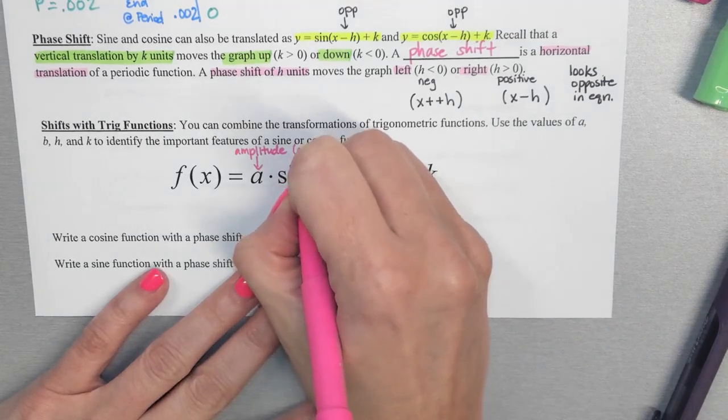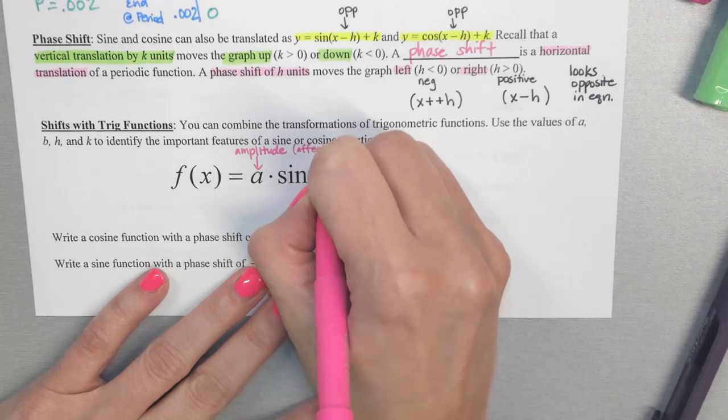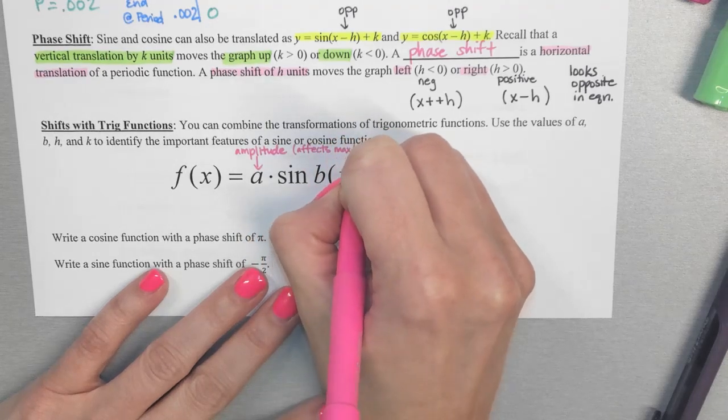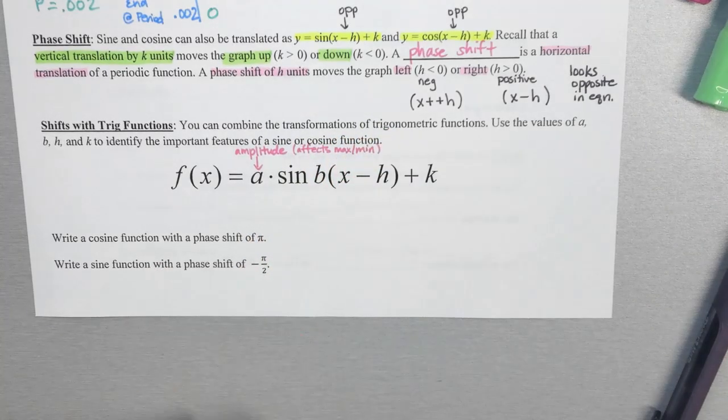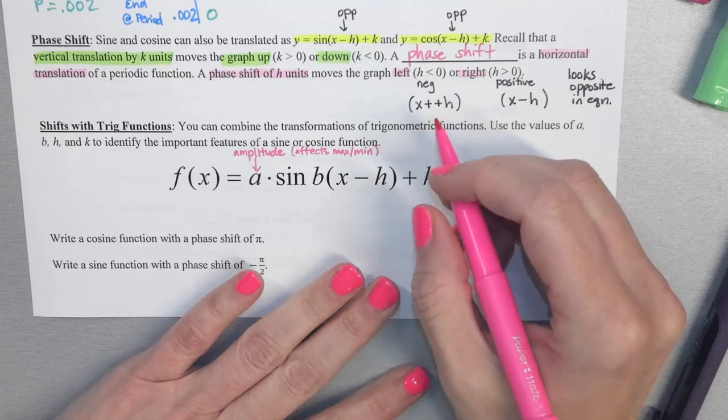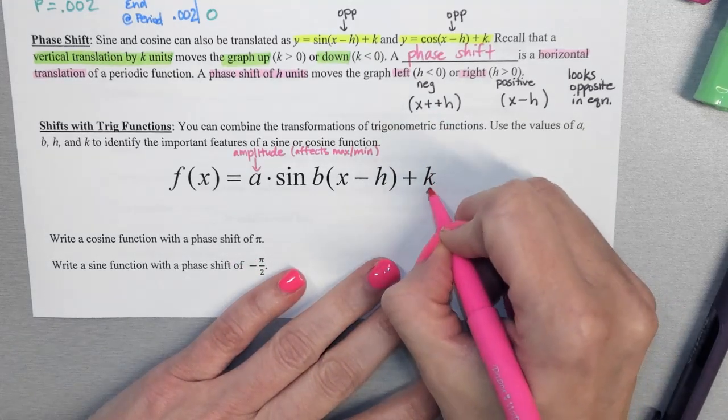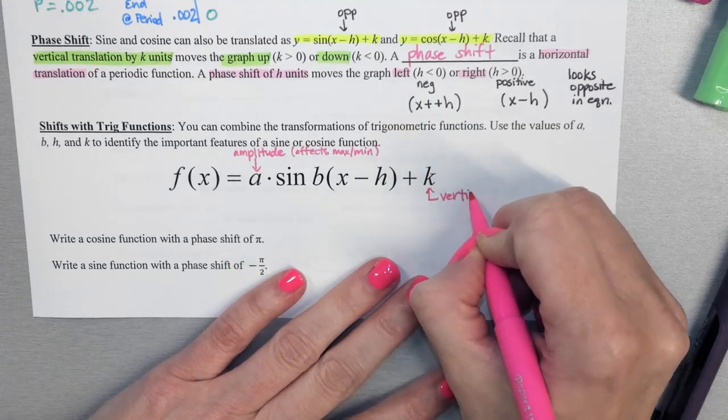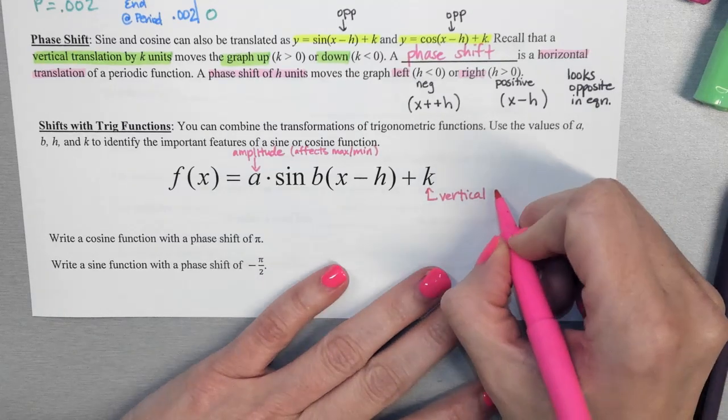Okay, and amplitude always affects your max and your min. The other value that affects the max and the min is your k. So this is a vertical shift up or down.